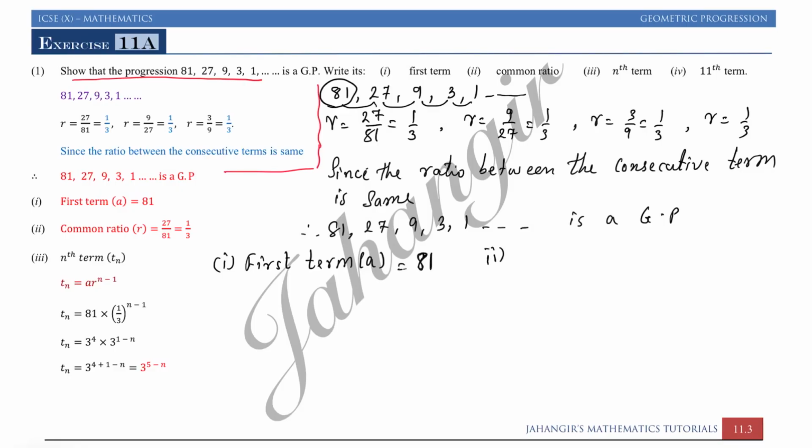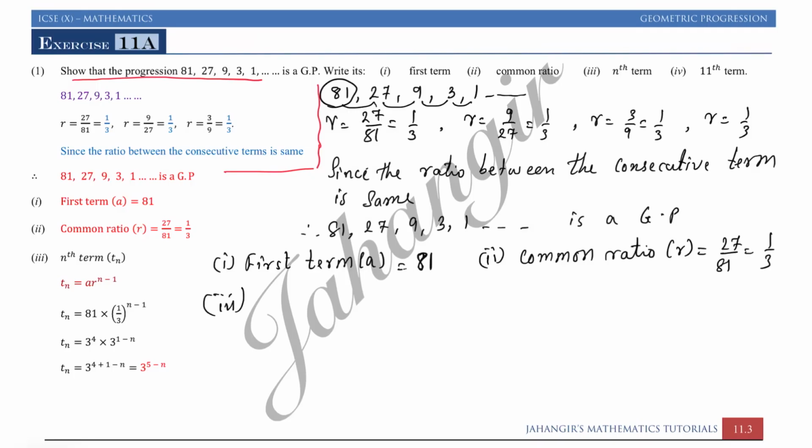Then in the second part we have to find the common ratio. Common ratio is R, which is second term upon first term, that is 27 upon 81, that is 1 by 3. Do not find the ratio as first term upon second term, it's always second term upon first term.